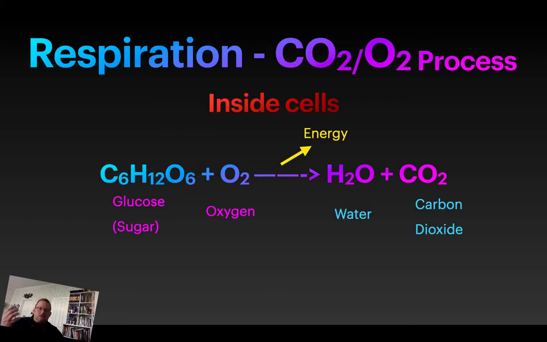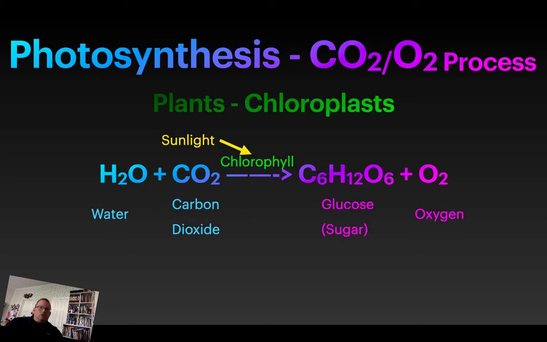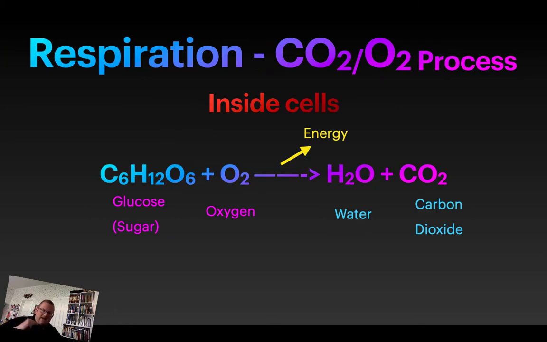Well, that takes us to respiration, which is just the reverse process of photosynthesis. Photosynthesis happens in plants, respiration happens inside every cell. Human cells, animal cells, plant cells, doesn't matter if it's a cell, respiration's happening there.